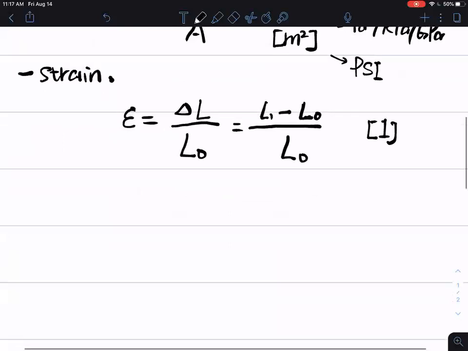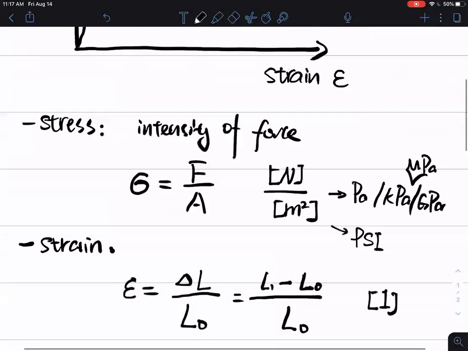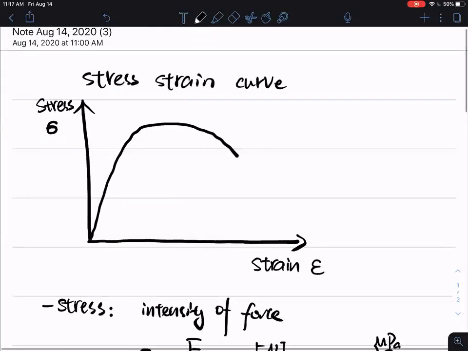All right. Now we understand that on the X direction we have strain, and on the Y direction we have stress.